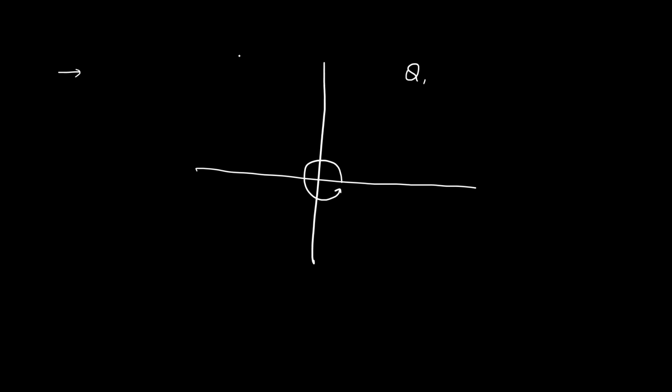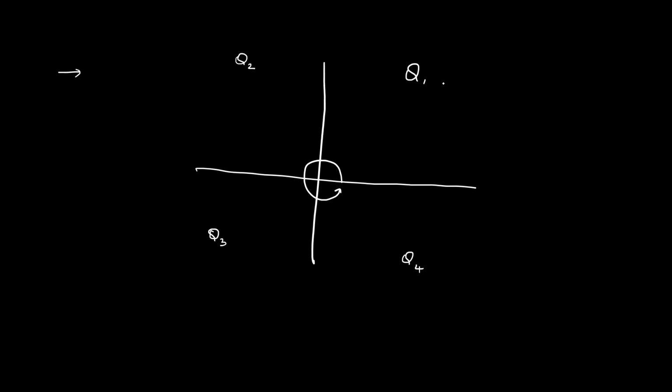Let me discuss this quadrants. And here the angles are always measured in anti-clockwise direction, so it will go like this. So now this is quadrant 1, and this is quadrant 2, and this is quadrant 3, and this is quadrant 4.